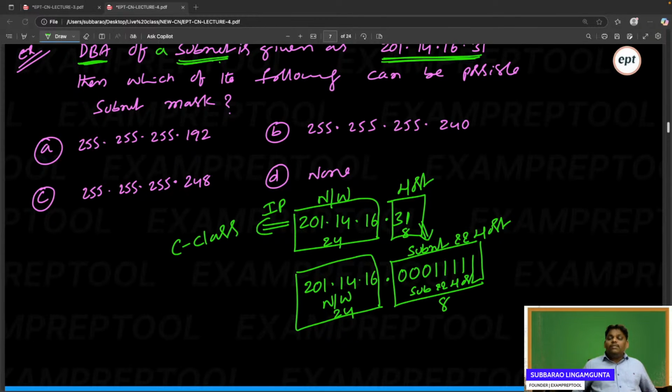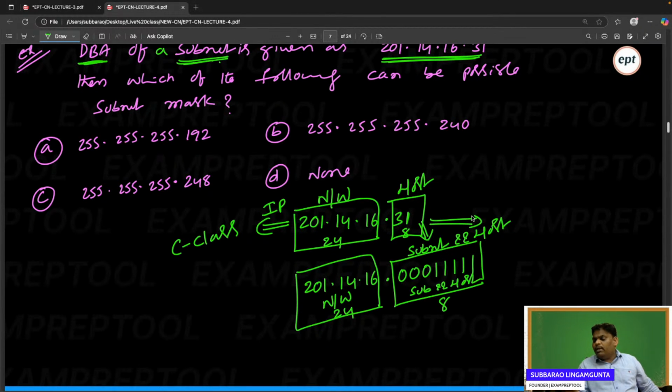The given IP is a subnet DBA, so subnetting is already done. It is class C, meaning 24/8, and the host part is 8 bits. But since subnetting is done, these 8 bits are divided into subnet and host.